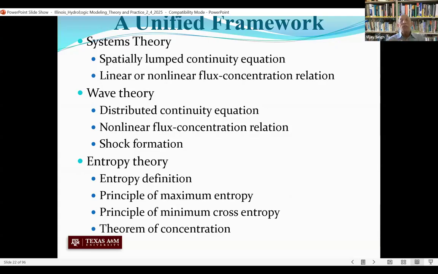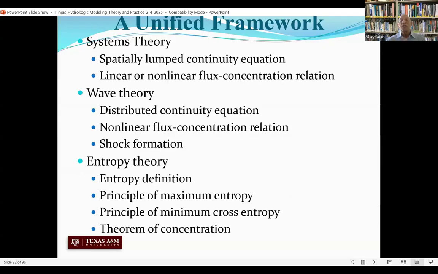And then, of course, the entropy theory is based on essentially four principles. First, we have to define entropy, and the reason we put the entropy definition as the first component is because entropy is defined in different ways, and there are many definitions of entropy. We'll use only one definition. The second one is the principle of maximum entropy, the third one is the principle of minimum cross entropy, and the fourth component of entropy theory is the theorem of concentration.